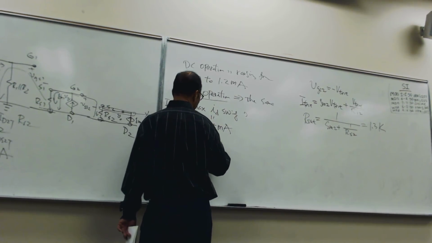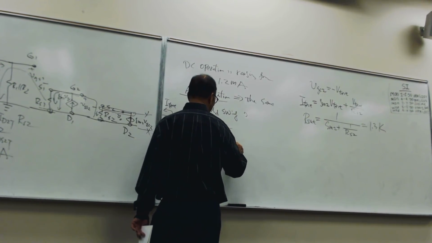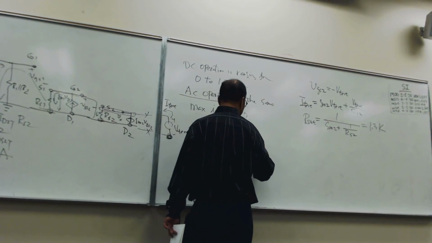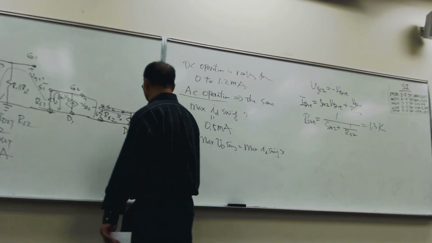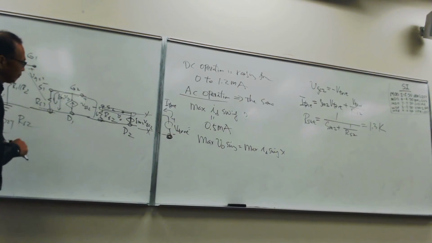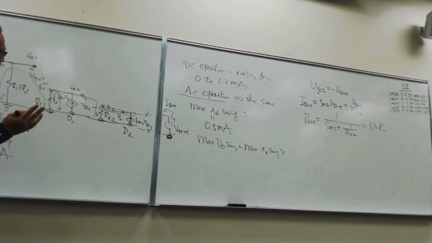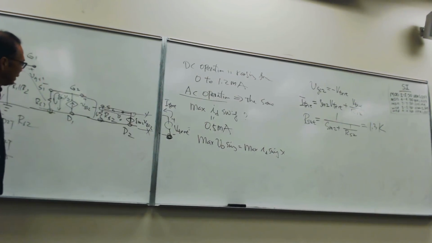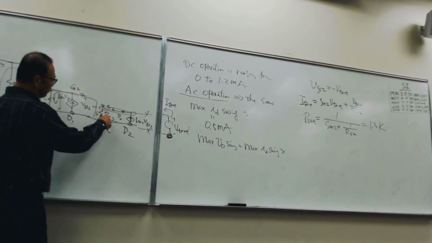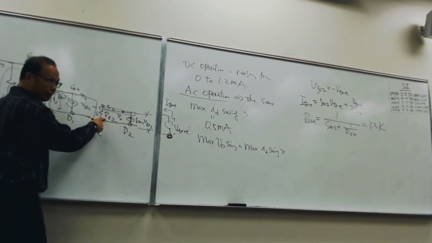So maximum VO swing is the maximum ID swing times what? You look at the circuit. How does the output voltage relate to the drain current? It's by a factor of RS2, correct?